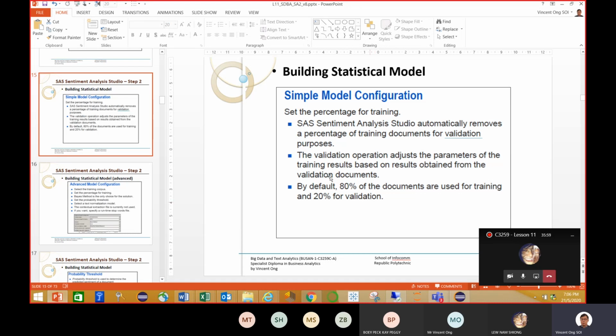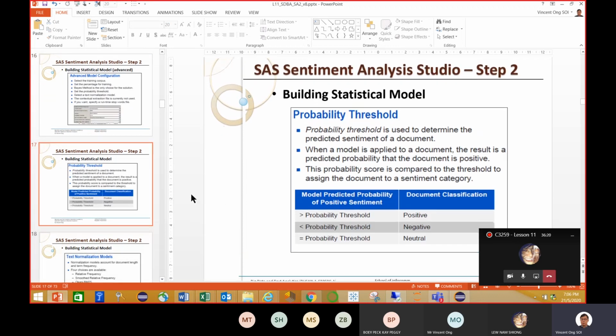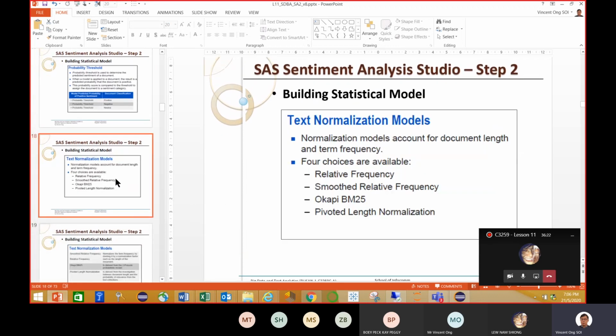We don't really have to explicitly do the validation, just like what you did for your predictive model. Scoring, we'll come to that later. So this is just the settings and so on.